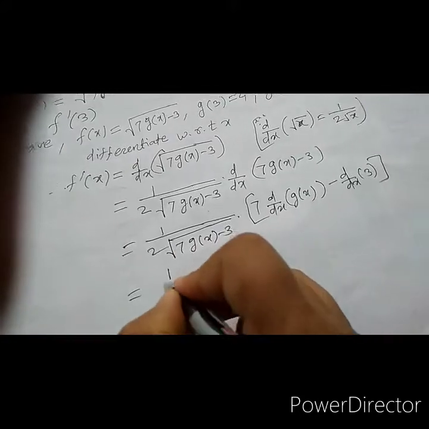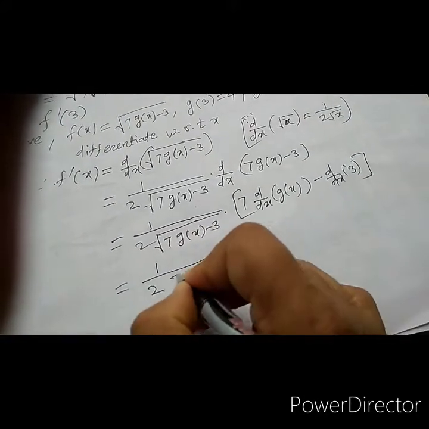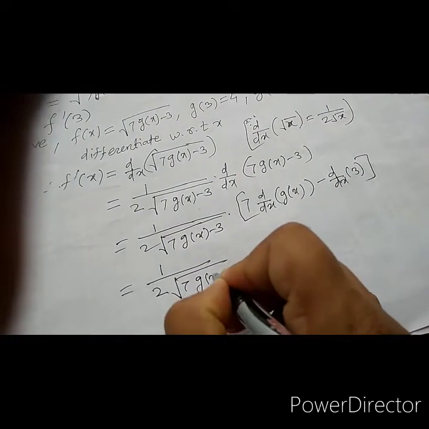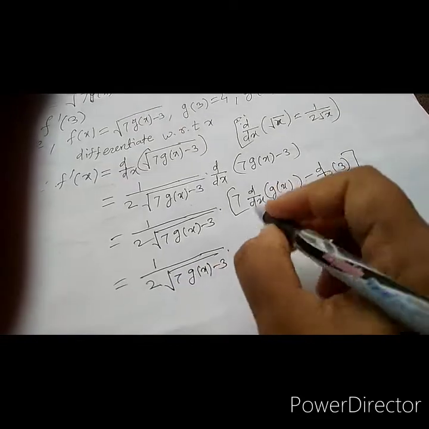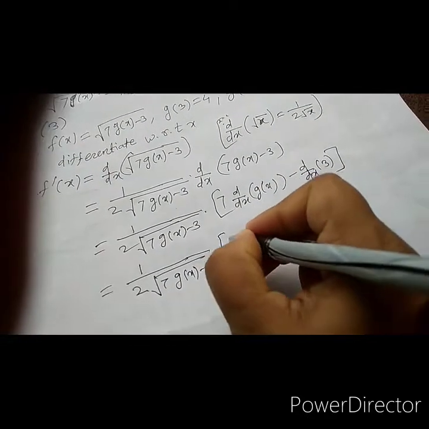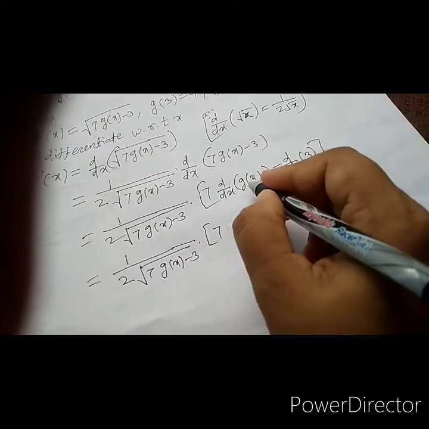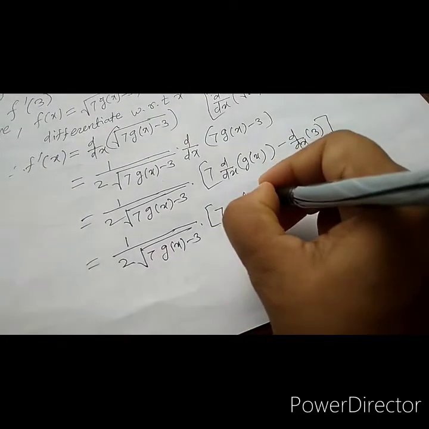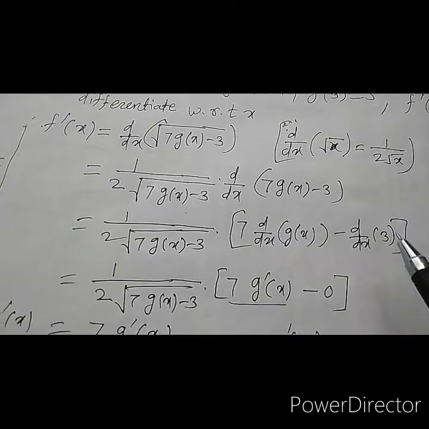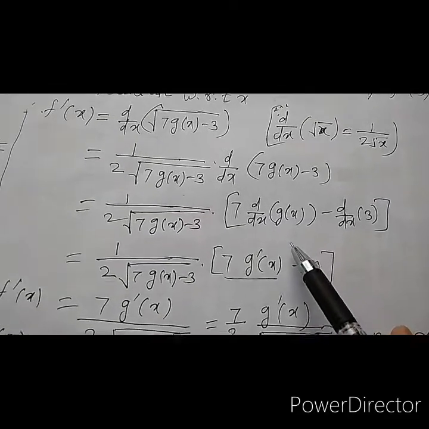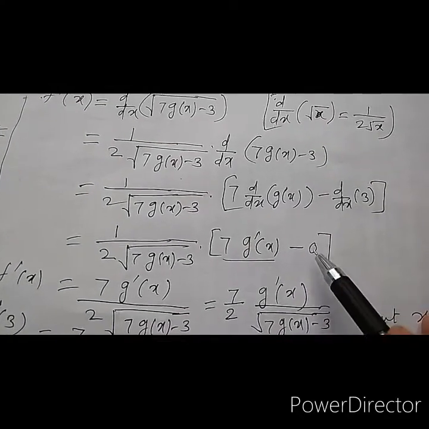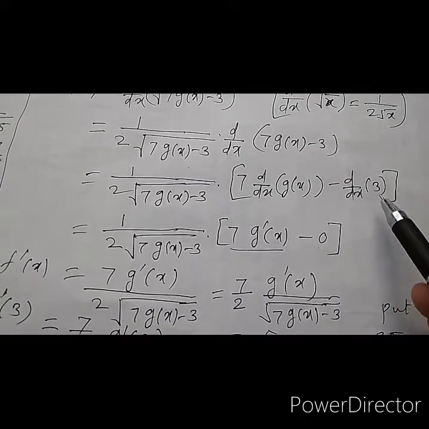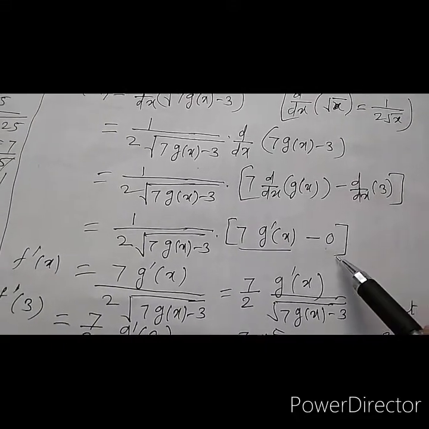So 1 upon 2 root 7g of x minus 3 as it is, 7 times g dash of x, minus the derivative of the constant term 3, which is 0.